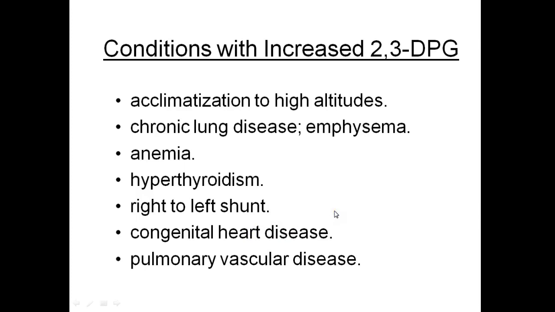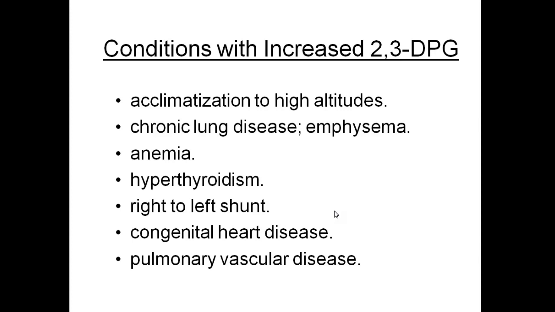So shifting of the curve to the right will always occur in those conditions when there is increased cellular demand of oxygen, increased metabolism. Due to the metabolism, temperature is increased, there is more production of the hydrogen ion, there is a decrease in the pH, there is more carbon dioxide, there is more 2,3-DPG.